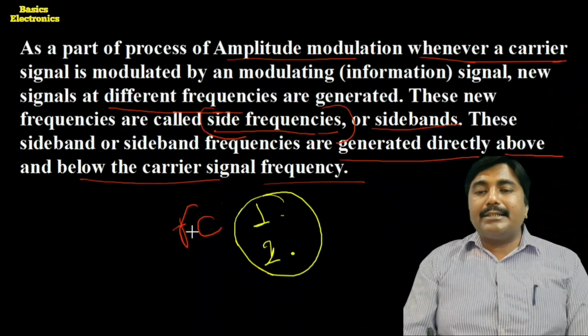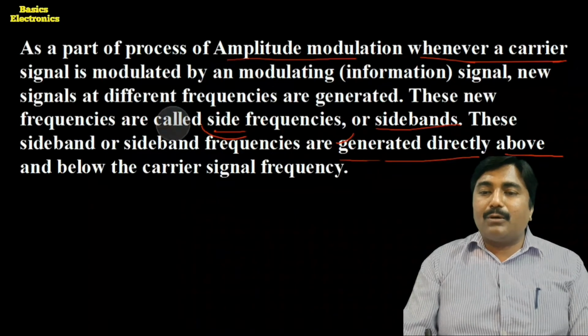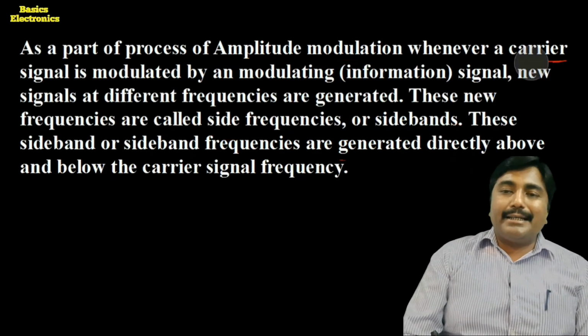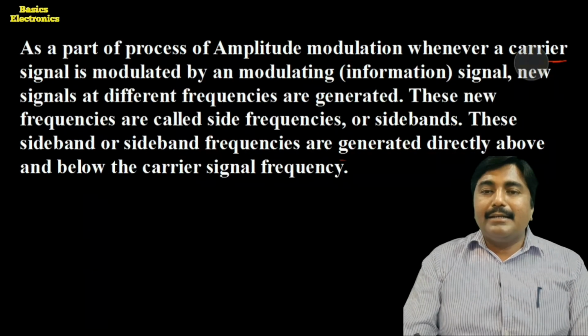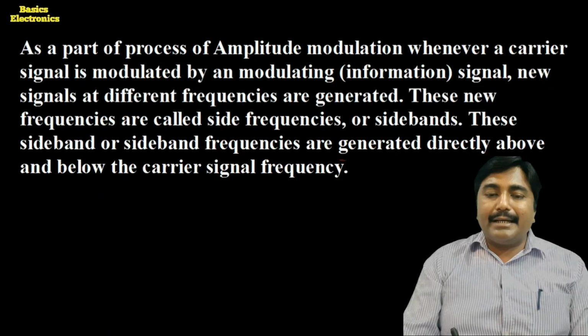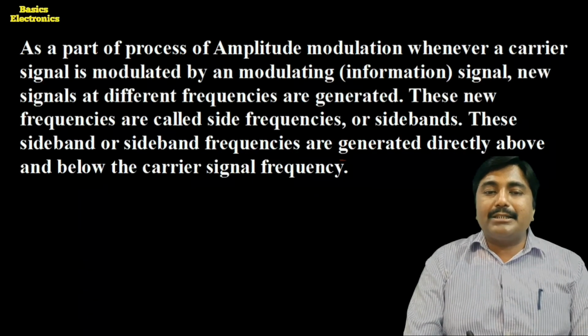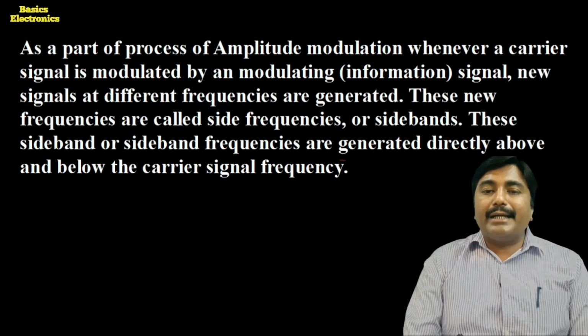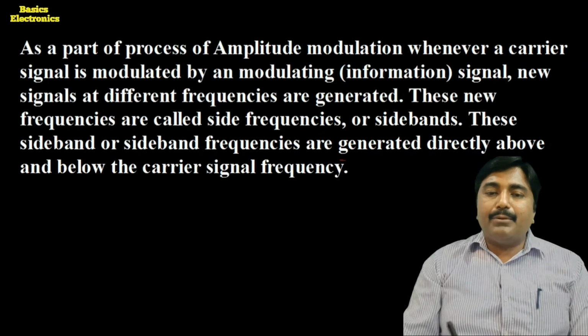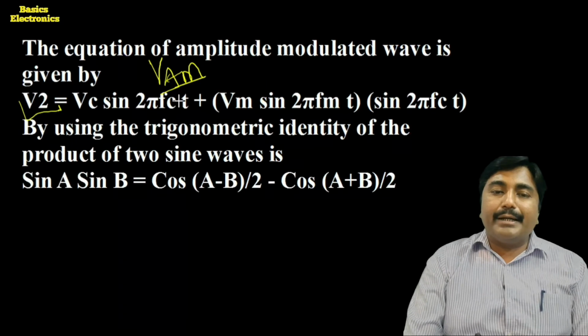We had seen the process of modulation, and in that process we get the output equation, the modulated signal, which can be represented by an equation. That equation is V2, or we can say VAM, the amplitude modulated voltage.